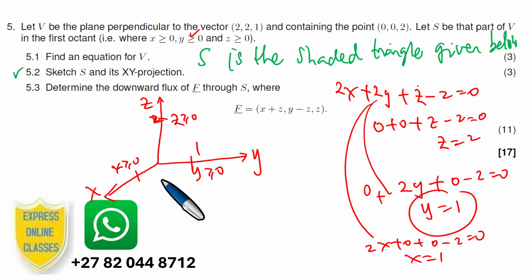This becomes the first octant. Okay, let us draw carefully. So you're going to have exactly this one, and then this one, with 1, 1, 2, like this. And then we need to shade. That's all.